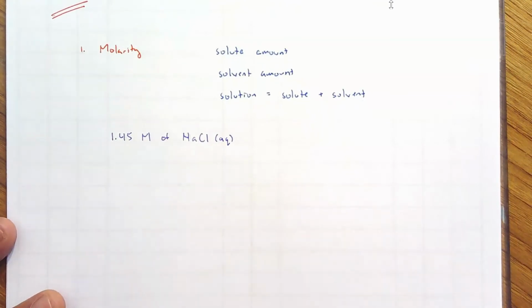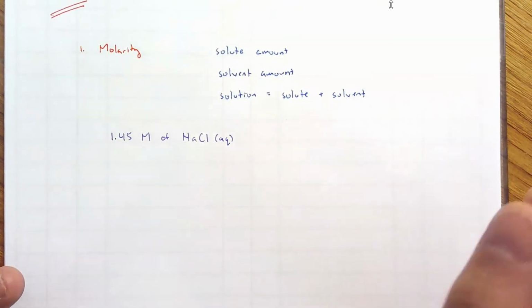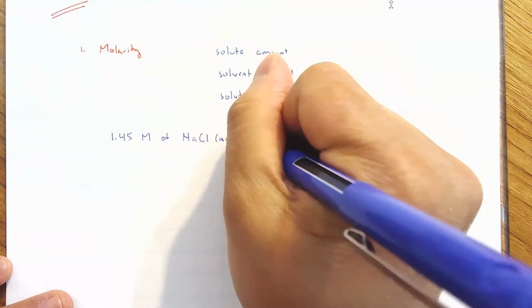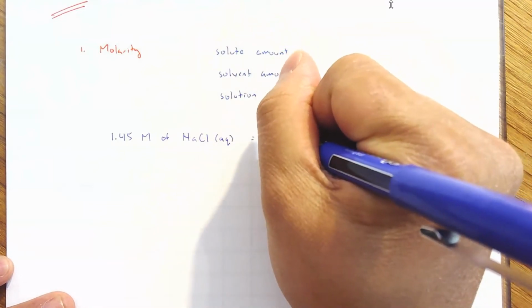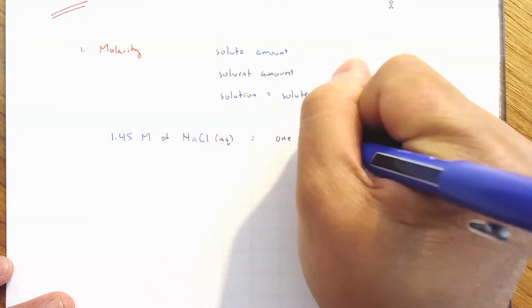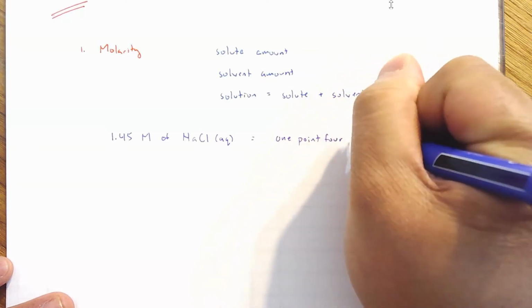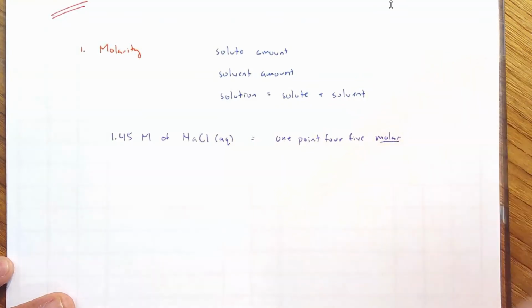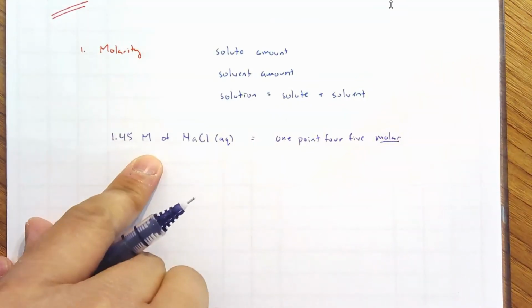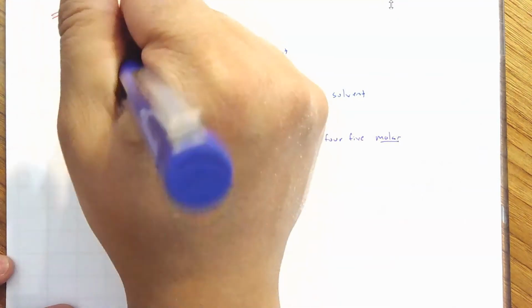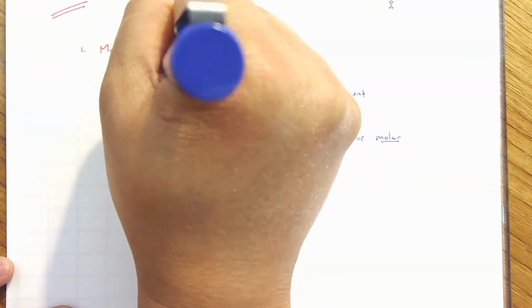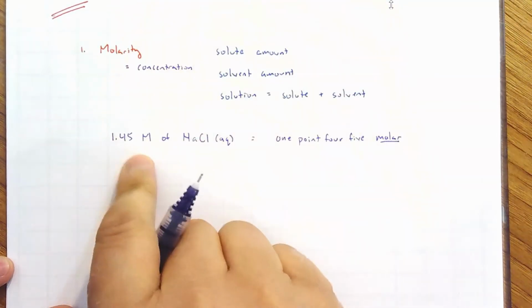Not only does it dissolve, but the ions are actually solvated, so it dissociates, breaks up into its ions. That is the same as saying 1.45, and it's called molar. Okay? It's a molarity. A molarity is just a fancy word to say concentration, but it's concentration in molar.